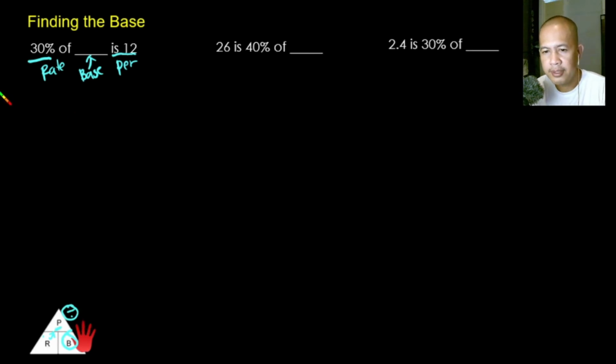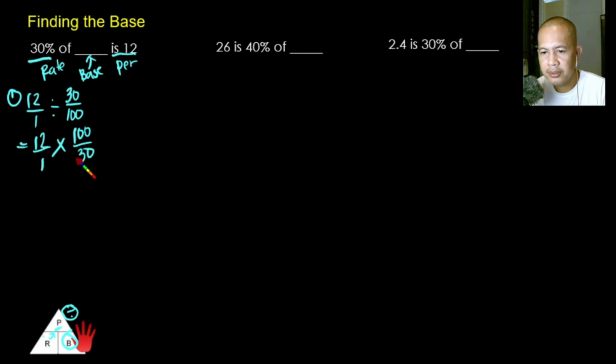So we have two ways to find the missing base. The first way is by changing your rate back into a fraction, which is 30 all over 100. After that, we're going to change that to multiplication by making your divisor the reciprocal. So we have 100 all over 30, the reciprocal.